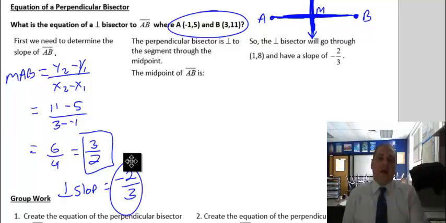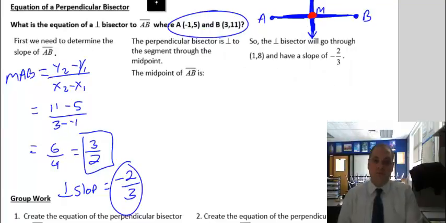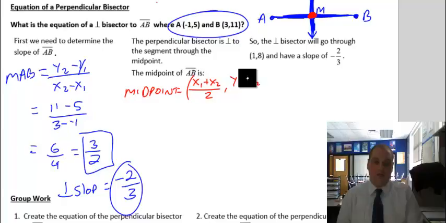So we've got to keep that in mind. Now, I need the midpoint. What is the midpoint of AB? I'm going to use the midpoint formula: x1 plus x2 over 2, y1 plus y2 over 2.